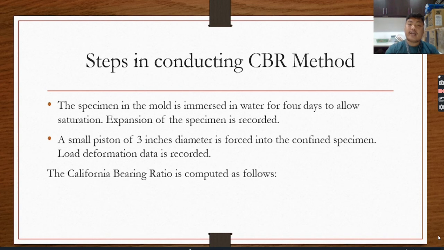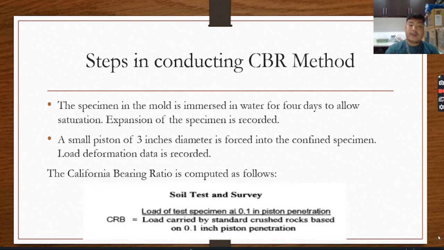So here's how you compute the California Bearing Ratio, or the CBR method. CBR is equal to the load of the test specimen at 0.1 inches piston penetration divided by the load carried by the standard crushed rocks at 0.1 inch piston penetration.